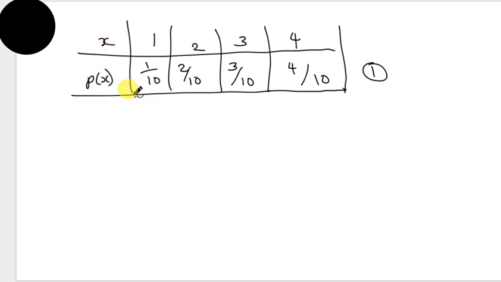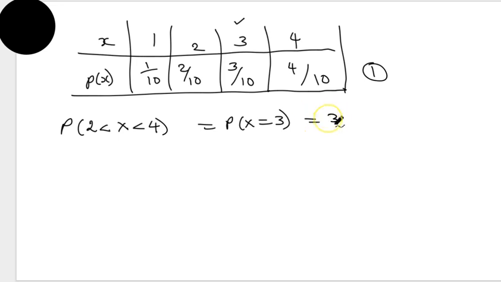Okay, so now once we have got this, we need to find the probability of 2 less than X less than 4. So between 2 and 4 there is only one number, and this is 3. So this is nothing but the probability of X equal to 3, which is 3 by 10. Similarly, the probability of 2 less than or equal to X less than or equal to 4.